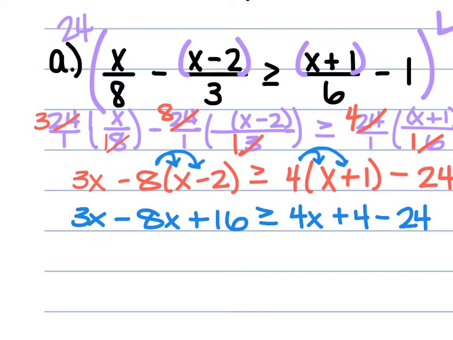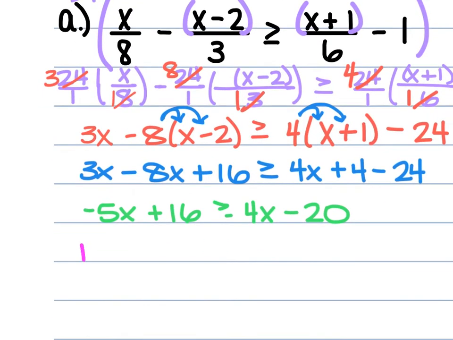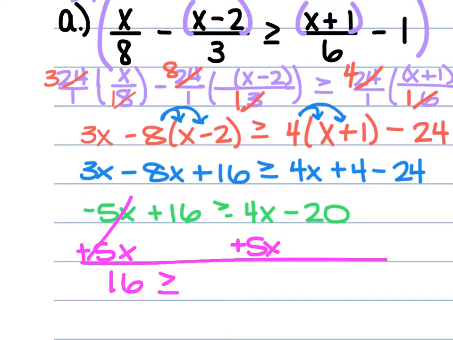The 3x minus 8x is going to be negative 5x plus 16 is greater than or equal to 4x plus 4 minus 24 is negative 20. I want a positive x, so I'm going to move that 5x over by adding it to both sides. And I'm going to have 16 is greater than or equal to 9x minus 20.